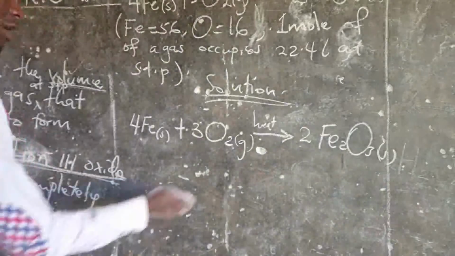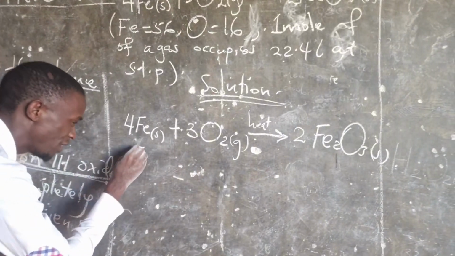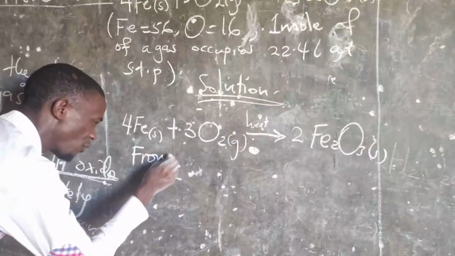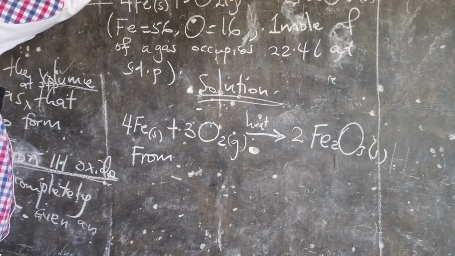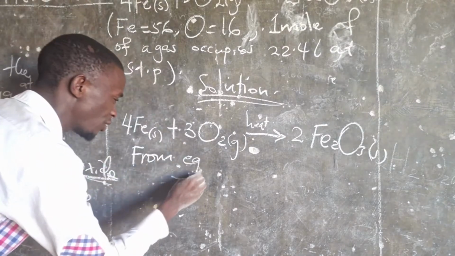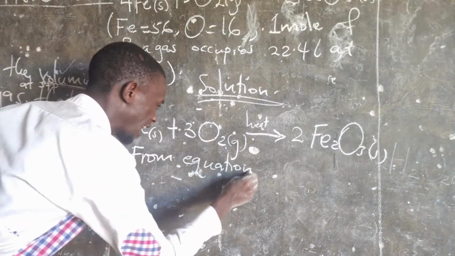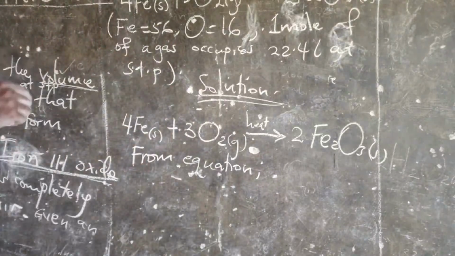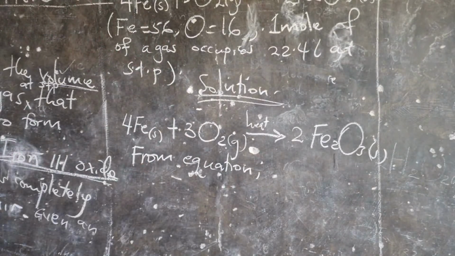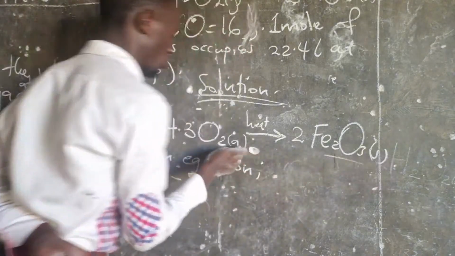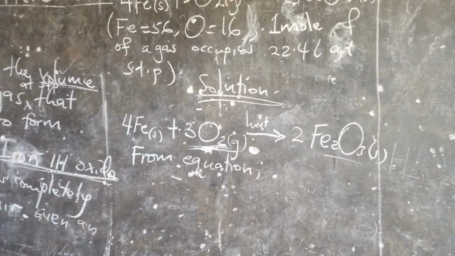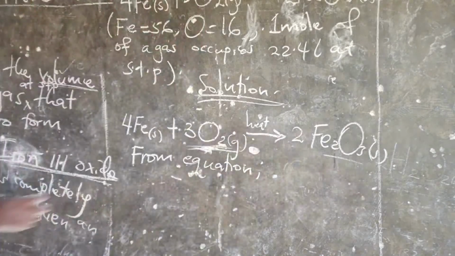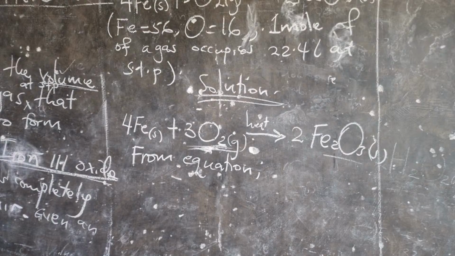So from the equation, this will always be your statement when we are calculating using stoichiometric equations. We start by relating the number of molecules of what we are asked to use.